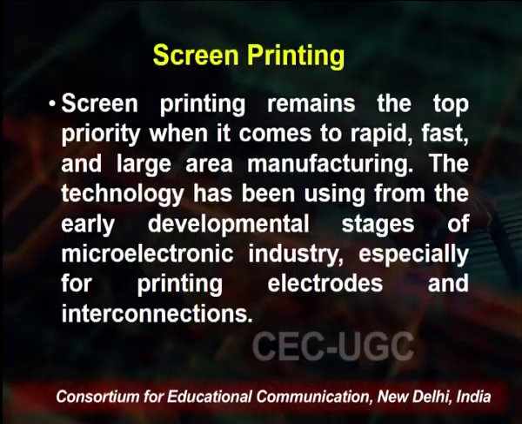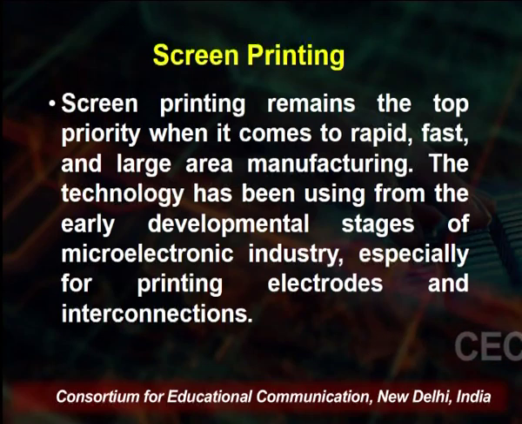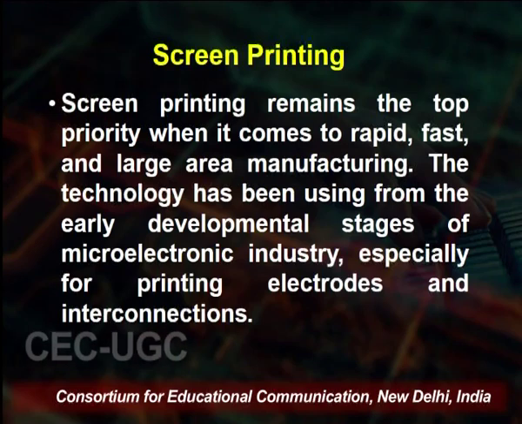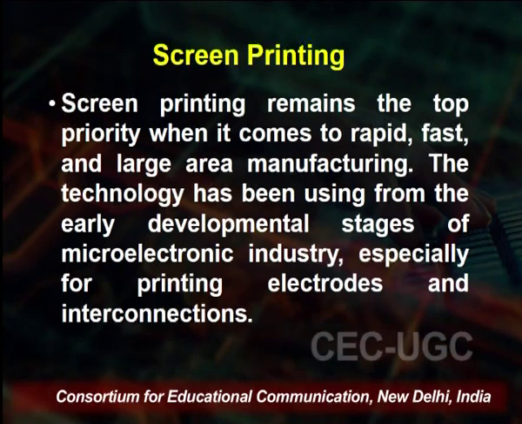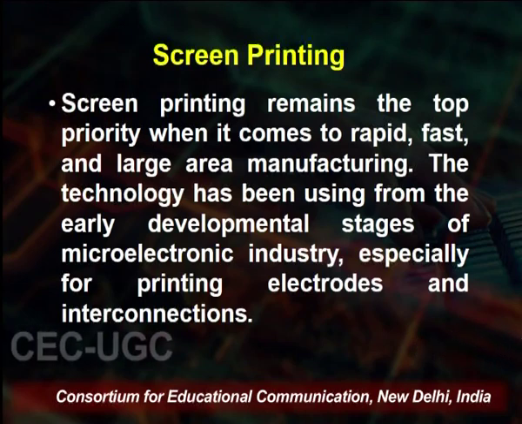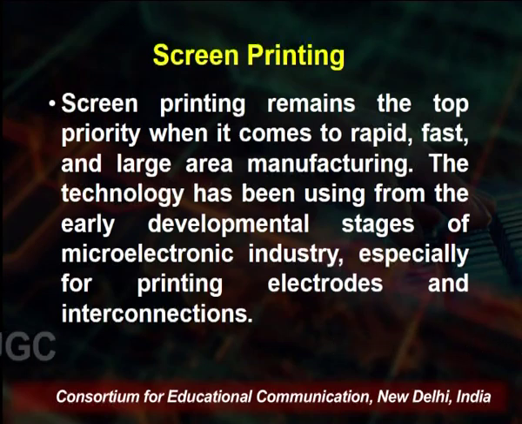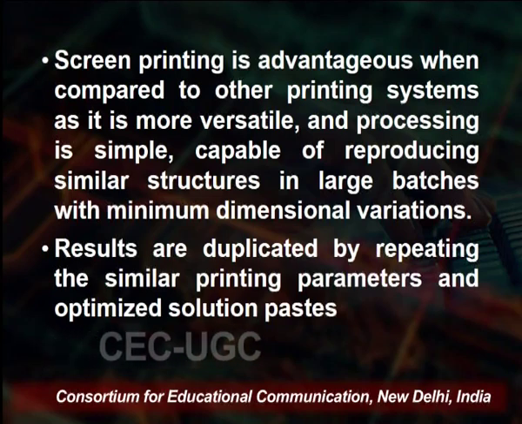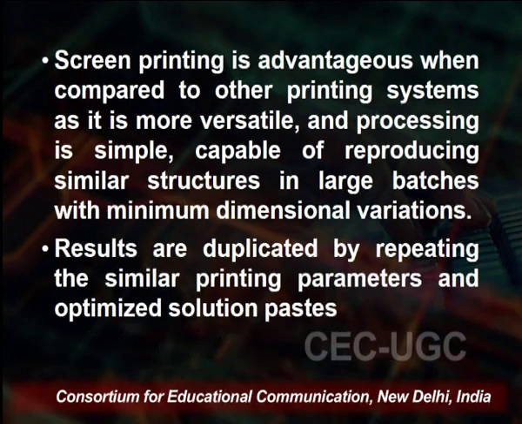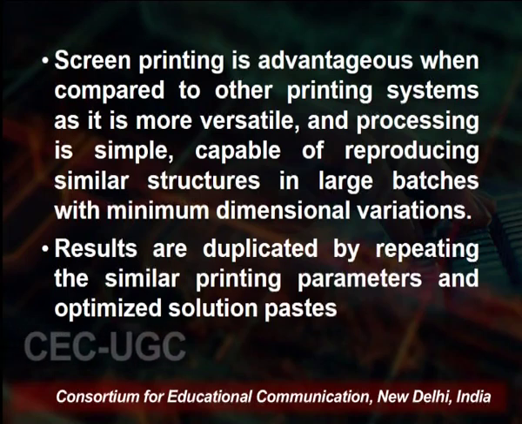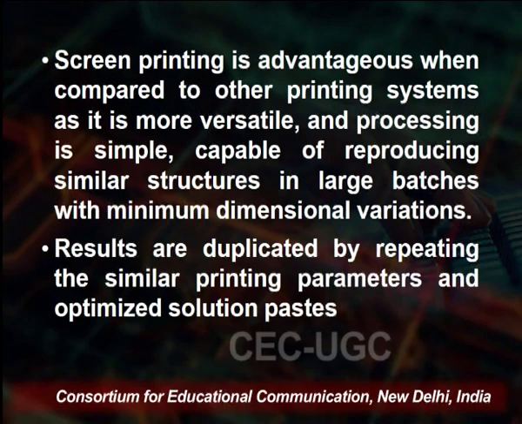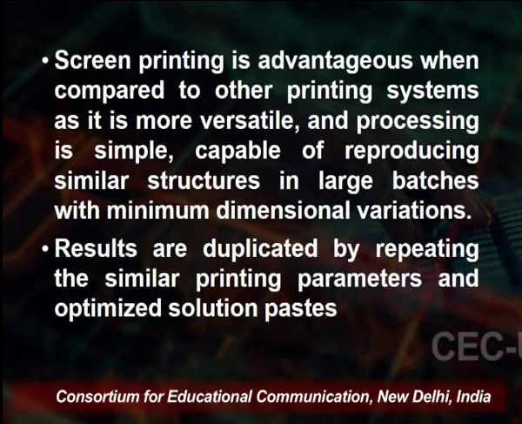Now we discuss one of the contact techniques, that is screen printing. Screen printing remains the top priority when it comes to rapid, fast and large area manufacturing. The technology has been used since the early development stages of the microelectronic industry, especially for printing electrodes and interconnections. Compared to other printing systems, it is more versatile and the processing is very simple, capable of reproducing similar structures in large batches with minimum dimensional variation.